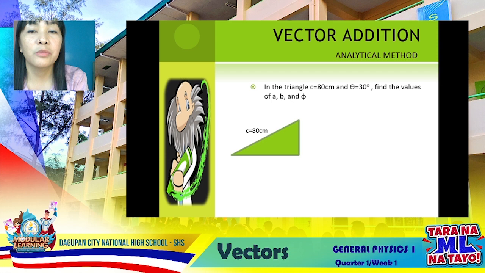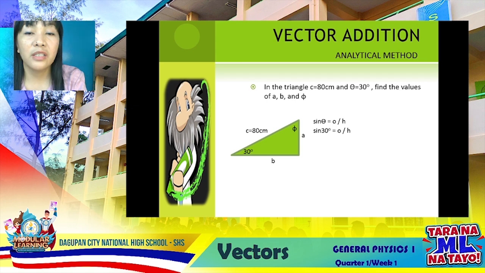So from here, we'll be able to know what trigonometric function is used in solving for A. So here, we will use the sine. Sine theta equals opposite side over the hypotenuse. So sine 30 degrees equals opposite, or the A, divided by the hypotenuse. So therefore, A is equal to 40 centimeters.